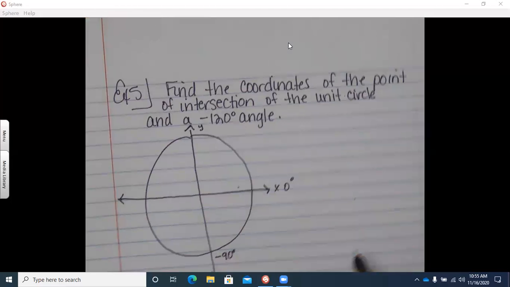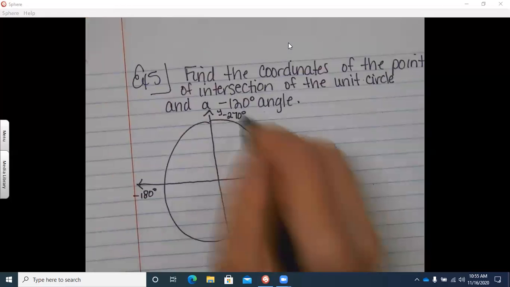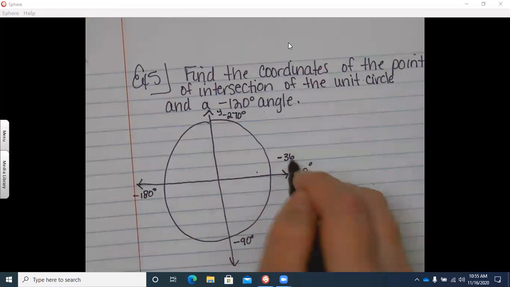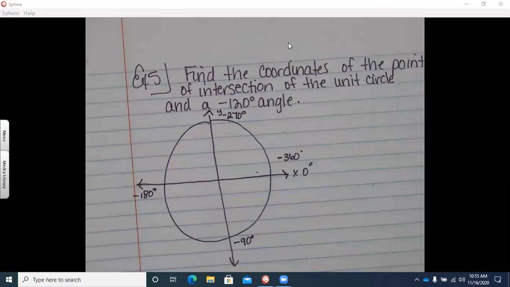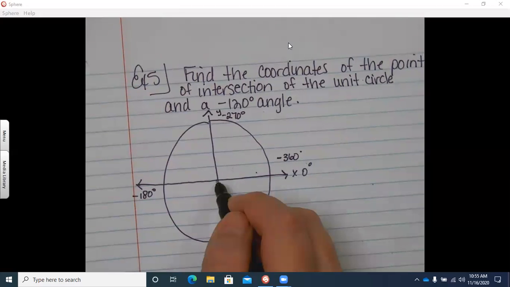And then negative 180, negative 270, and one full rotation would be negative 360. So you're telling me that negative 120 is in the third quadrant. Okay, I agree. So if we go from 0 to 90, how many degrees past 90 do we need to go to get to negative 120? 30 degrees past that. So I'm going to estimate about right here. So we started at 0 in our rotation. This is the 120 degree angle that we drew in.